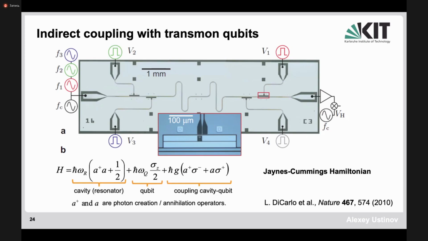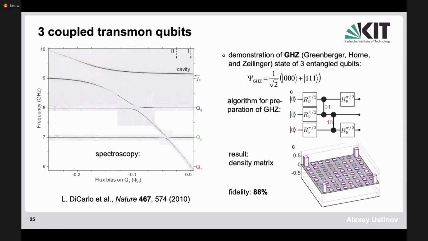Now, this is the Jaynes-Cummings Hamiltonian, which you already know. It contains the excitations in the cavity, excitations in the qubit, and then the coupling of the qubit. Here, the fast rotating terms were dropped, forming the Jaynes-Cummings approximation. And then these are the spectral lines measured in the microwave spectrum of the system. Here you see the frequencies of the qubits. Qubit 1 has the frequency, and it was tunable.